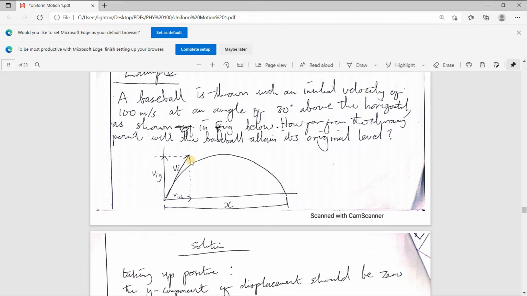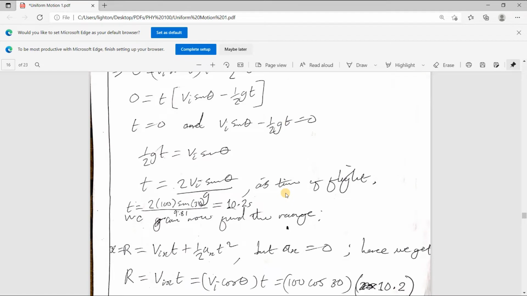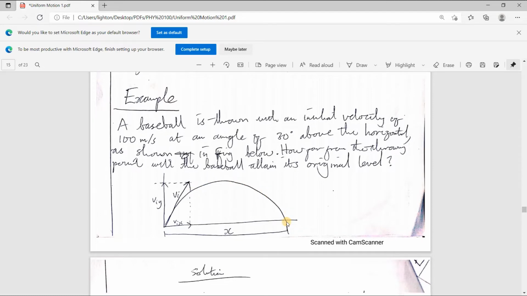Otherwise, what we're looking for is the final point, not the initial point. We're looking for what happens at this point. That's why we want to find how far from the throwing point the ball attains its original level. It only attains its original level at this final point here.